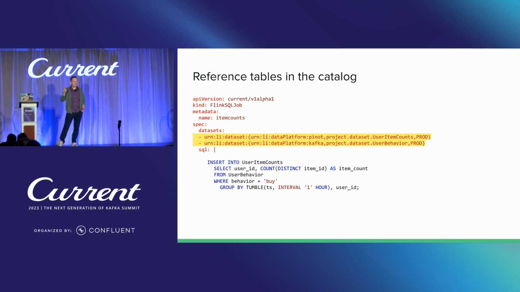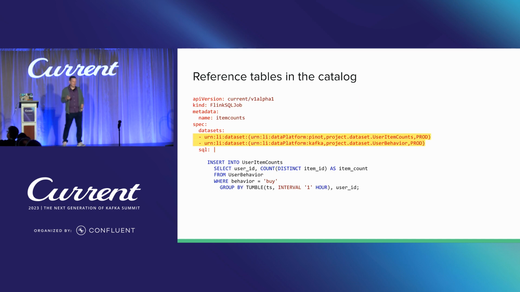So now this is the sum total of everything we'll have to write to get a Flink job running. We have to say, this Flink SQL job needs user item counts and user behavior. Go talk to DataHub to figure out where it is, what it looks like, and then auto-generate DDL and stick that into our script.